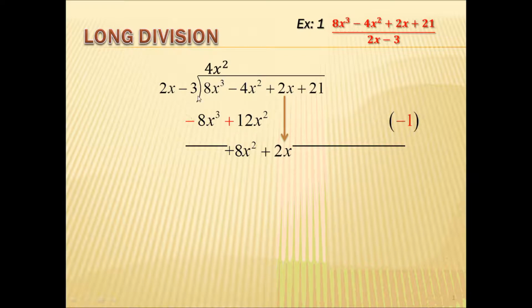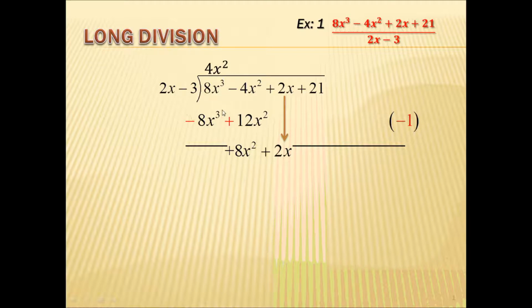Now remember, I wanted to eliminate the first term. To do that, if I had a plus here and I algebraically added that, I would get 16x cubed. However, if the sign was changed, I would get 0 and I would have eliminated the first term.